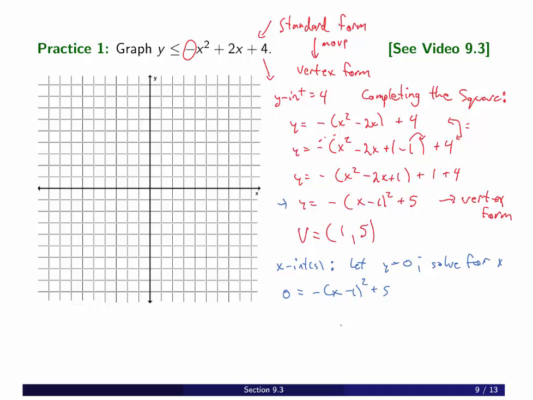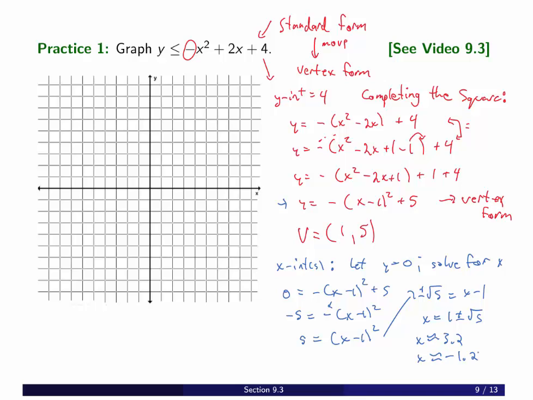Move 5 over, and you get negative 5 equals negative (x minus 1) squared. Now we divide by negative 1 to get rid of the negative out front, which gives you 5 equals (x minus 1) squared. Now you square root both sides to give you plus or minus root 5 equals x minus 1. Therefore x equals 1 plus or minus root 5, which comes out to roughly x is 3.2 and x is approximately negative 1.2.